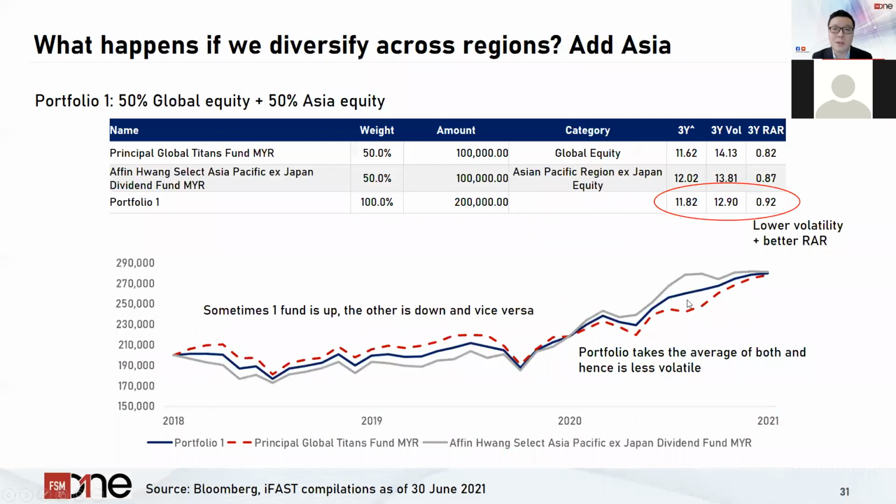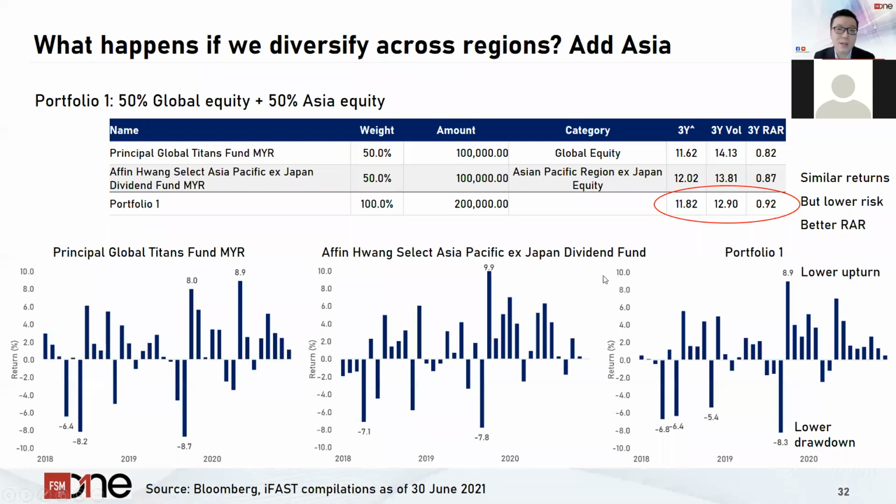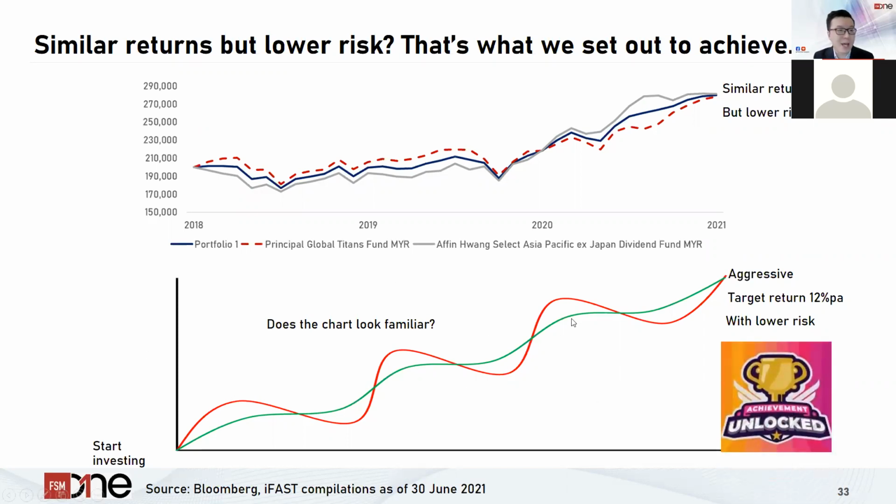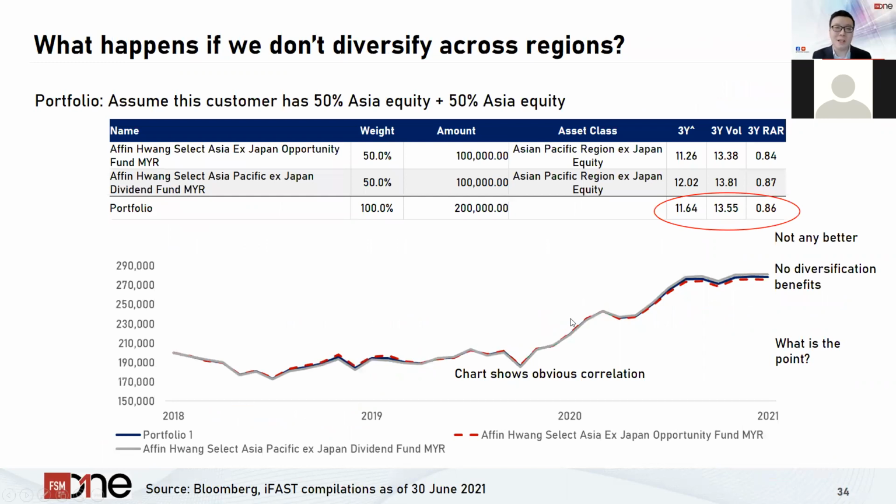So this aptly proves the theory, as I mentioned before. This is what we set out to achieve at the start. If you remember, we try to achieve similar returns with lower volatility. So achievement unlocked. Let's do more.